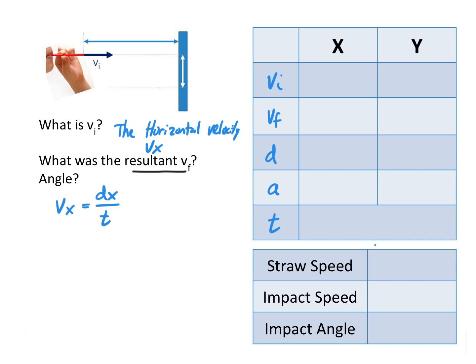All right, number 2 is we're going to try to find the final resultant velocity. That is going to be a combination of both that x velocity, and we know it's a projectile that's being pulled by gravity at the same time. It's falling, and it's going to have a certain y velocity as well. We need to find that out, and then the resultant is the combination. Think of a right triangle, think of vectors.